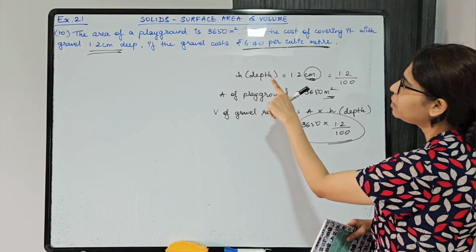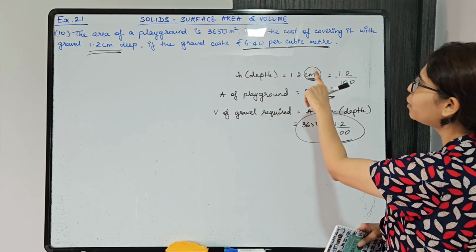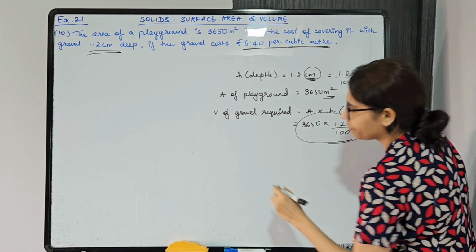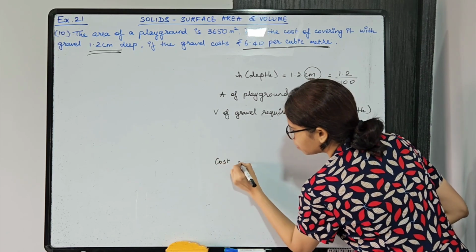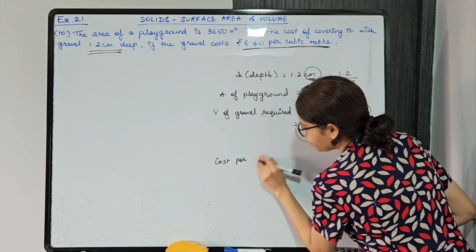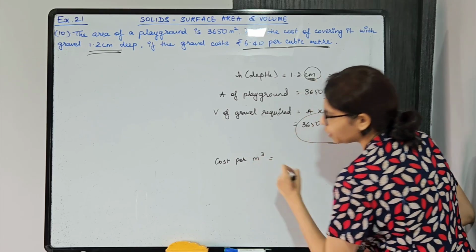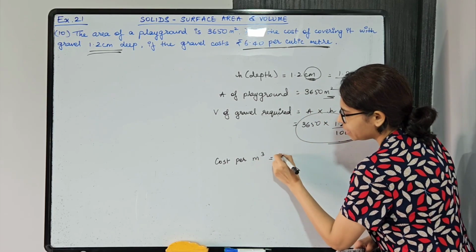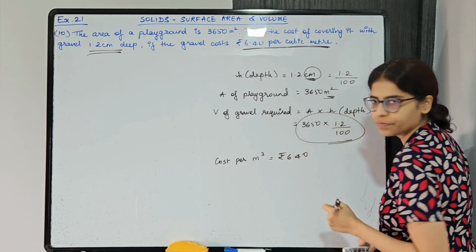Now the gravel costs rupees 6.40 per cubic meter. Cost per cubic meter is 6.40.